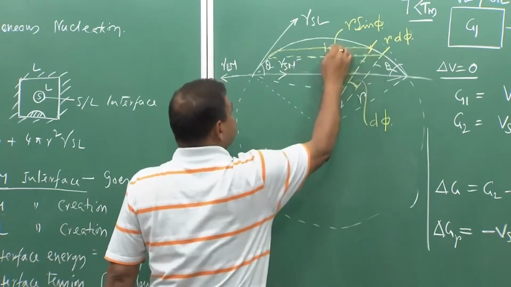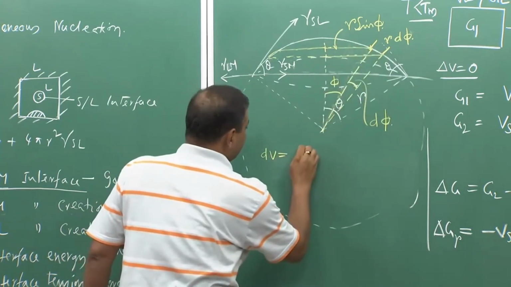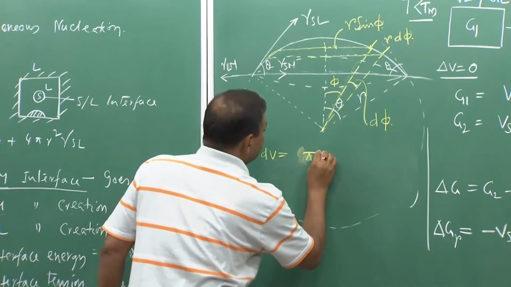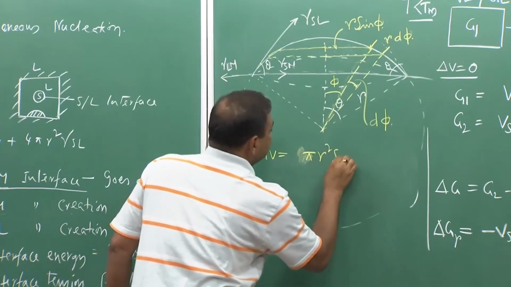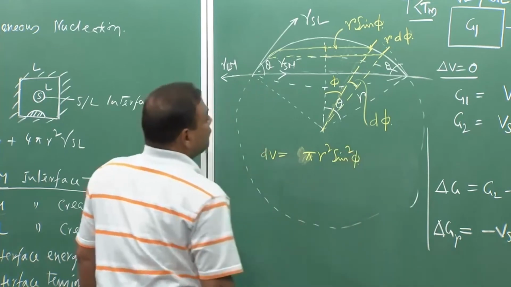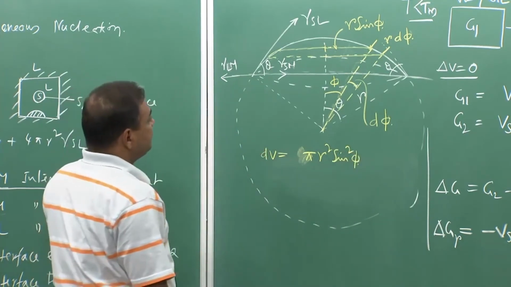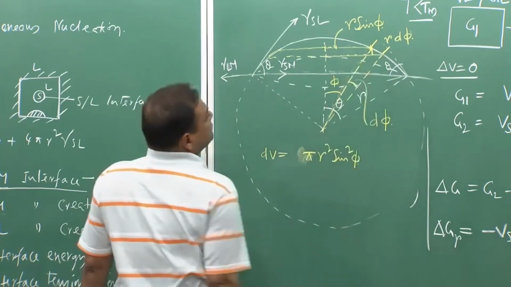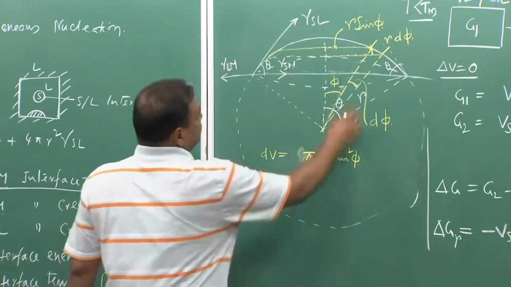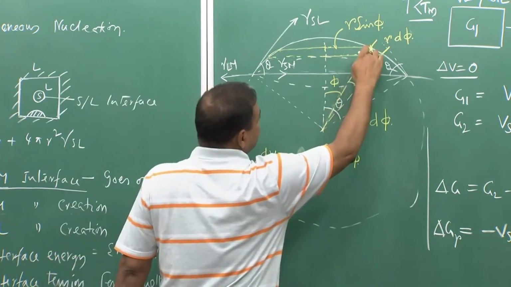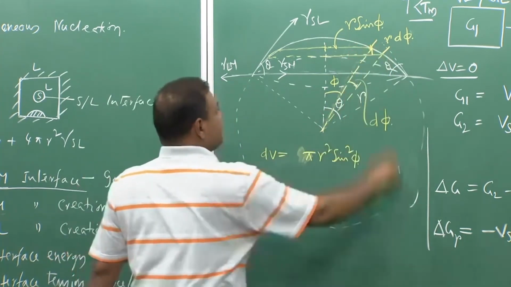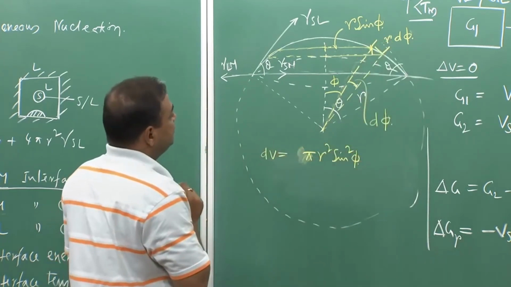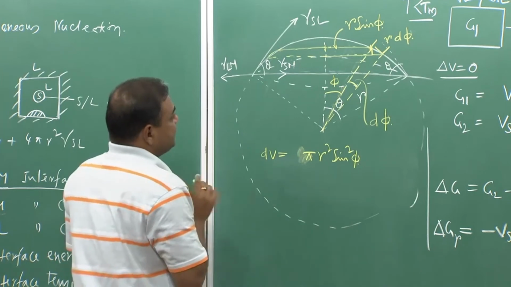This becomes my radius, so pi r square sin square phi, and this height if I try to find, if I draw a perpendicular to this line, then you would see that this angle becomes phi again.